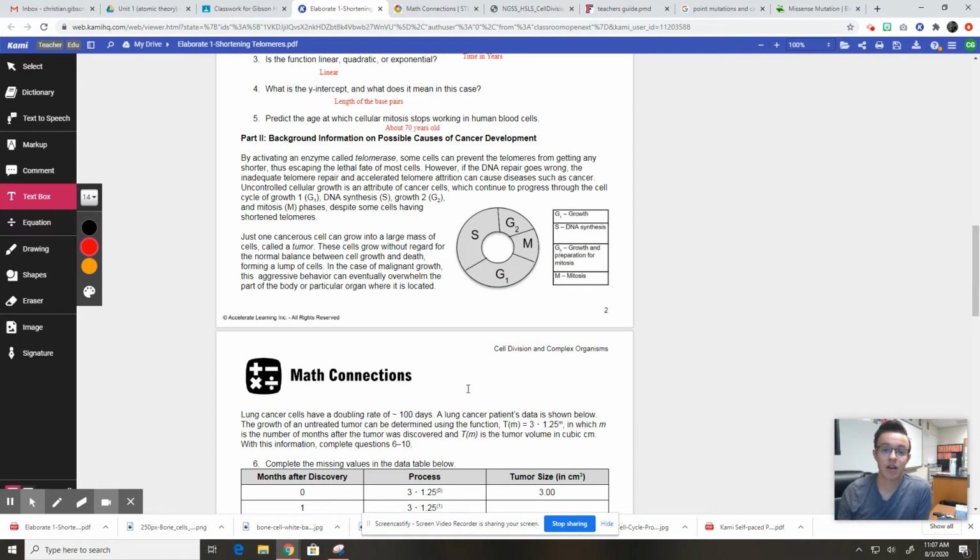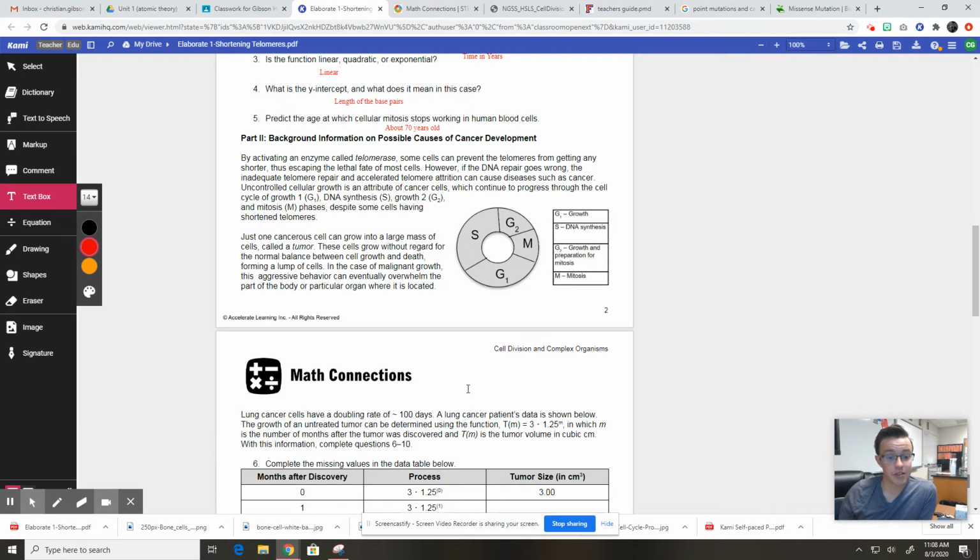So if stuff goes wrong with your telomeres, you can get cancer. Uncontrolled cellular growth is an attribute of cancer cells, which continue to progress through the cell cycle of growth, which is G1, DNA synthesis, which is the S phase, G2, which is the growth 2 phase. We'll get into all that, and mitosis. And don't worry if you're like, that is Spanish to me right now. I have no idea what you just said. That is totally okay. We'll get into that a little bit later.